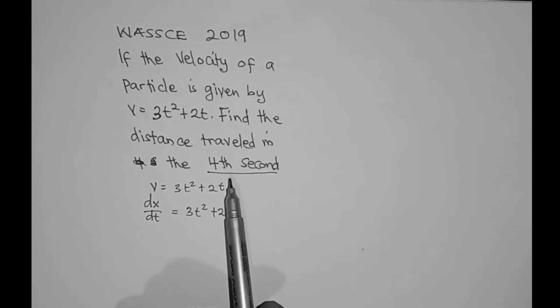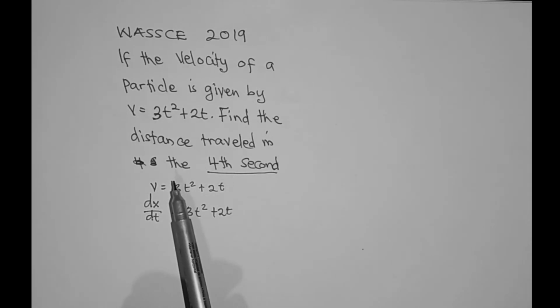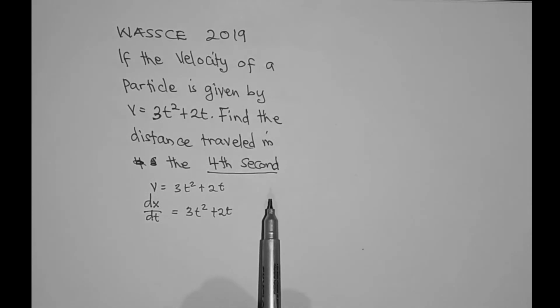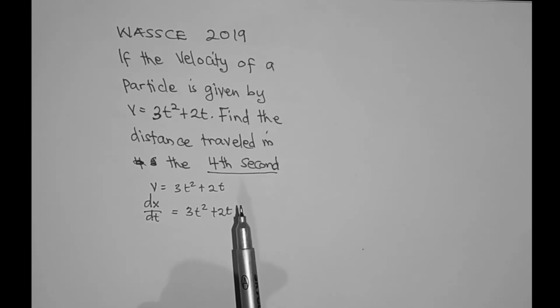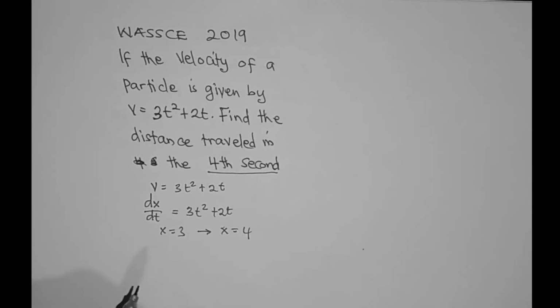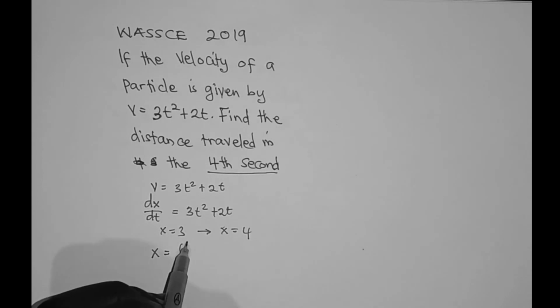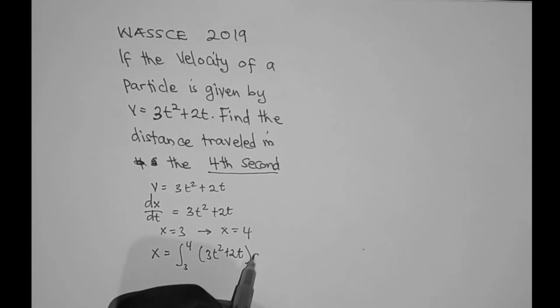So it means that the fourth second is the period between the third second and the fourth second itself. And therefore, the lower limit is 3 and the upper limit is 4. So x is equal to the integral from 3 to 4 of 3t squared plus 2t dt.